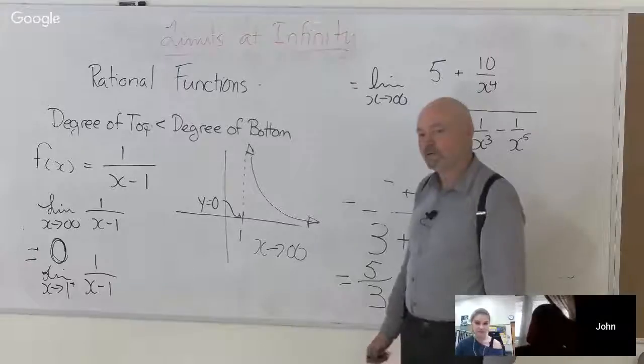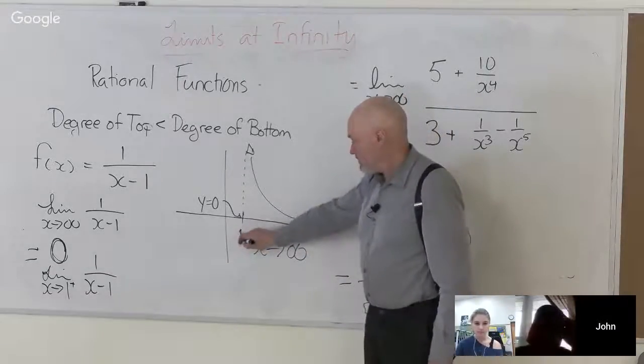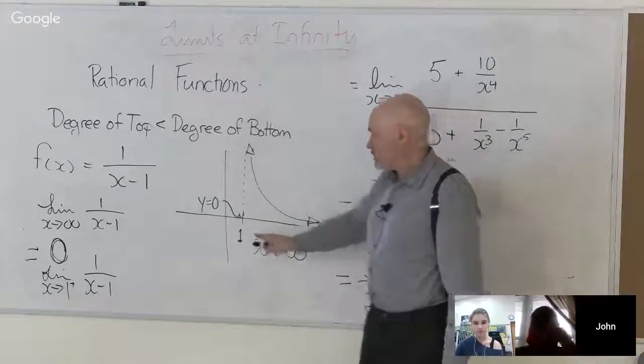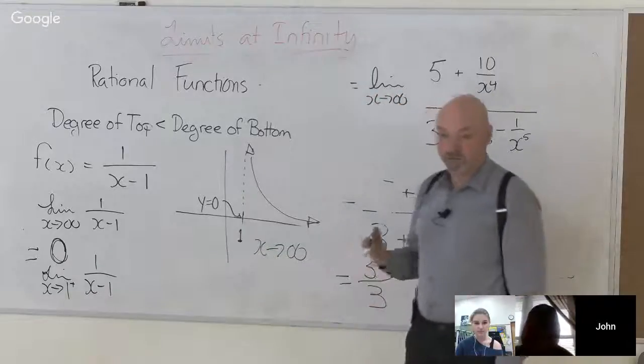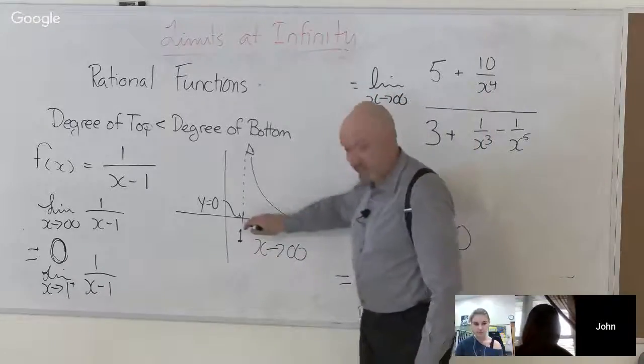What's the difference? Can you see this 1 here, Johnny? Yeah. Okay, and there's my vertical asymptote. So if I'm approaching 1 from above, in other words, from the right, I'm coming at it from this direction.